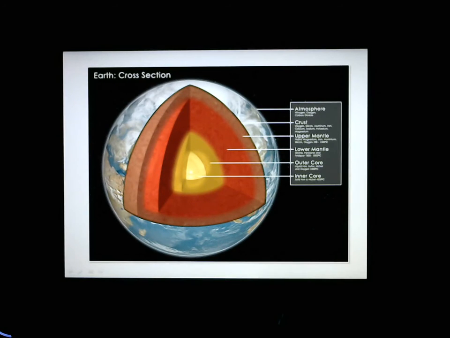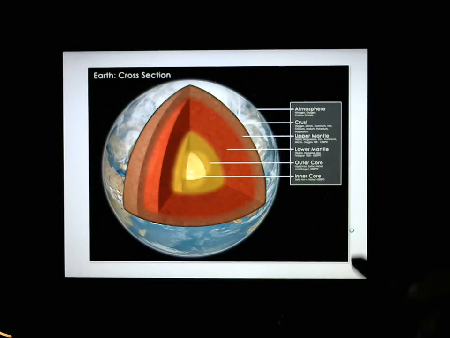As we keep going down, we get different things: olivine, pyroxene, and feldspar in the lower mantle. Outer core gives us liquid iron, sulfur, and nickel, and then the inner core is just solid iron and nickel. So you get different elements, and as you saw with those mantles, different compounds are at different layers within the Earth, and that's what gives us this layer approach.